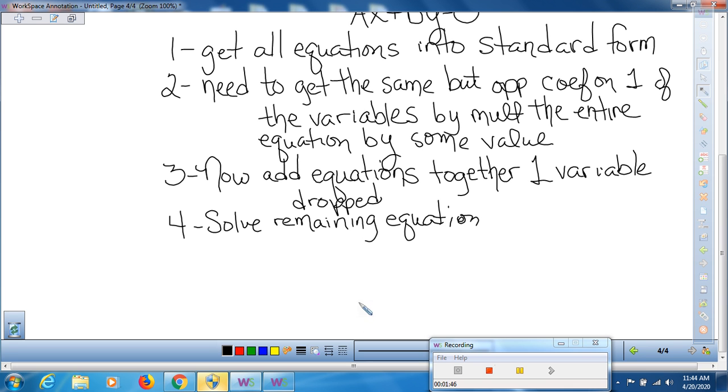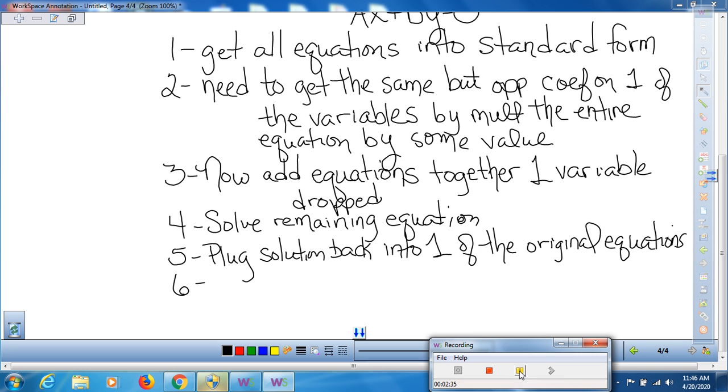All right, now that we've solved the remaining equation, we're going to take this solution and plug it back into one of the originals. All right, so now let's solve this equation. And then, of course, what's always our final step? We want to write it as a point or a solution set.